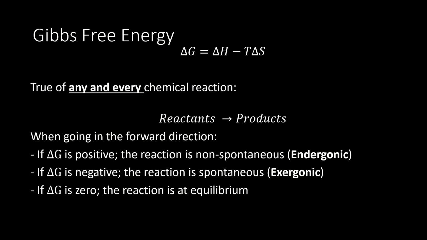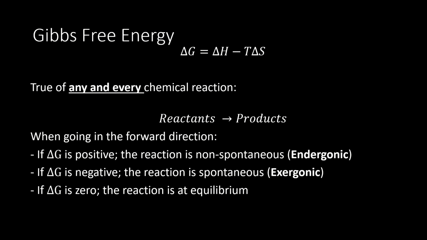If delta G is negative, then that reaction in the direction where delta G is negative is spontaneous or exergonic. That means that chemical reaction has enough energy already to go into the direction where delta G is negative, and therefore our value of delta G is actually the amount of free energy that becomes available to use elsewhere, or the amount of free energy released by that chemical reaction.